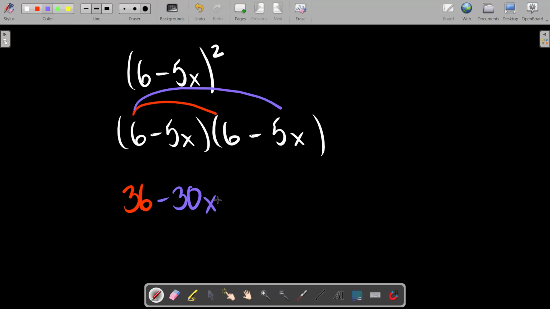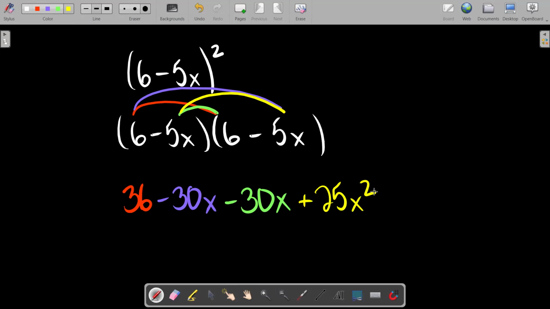Green. Minus 30x. Yeah. Another minus 30x. Yellow. Plus 25x squared.